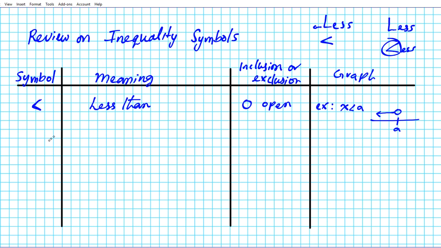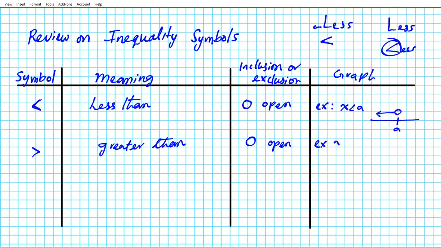Alright, let's take a look at the next one. What if we have this symbol? This symbol is the greater than symbol. Exclusion or inclusion: since there is no line underneath the inequality, it's going to be an open circle, which means that that point is excluded from the solution region.